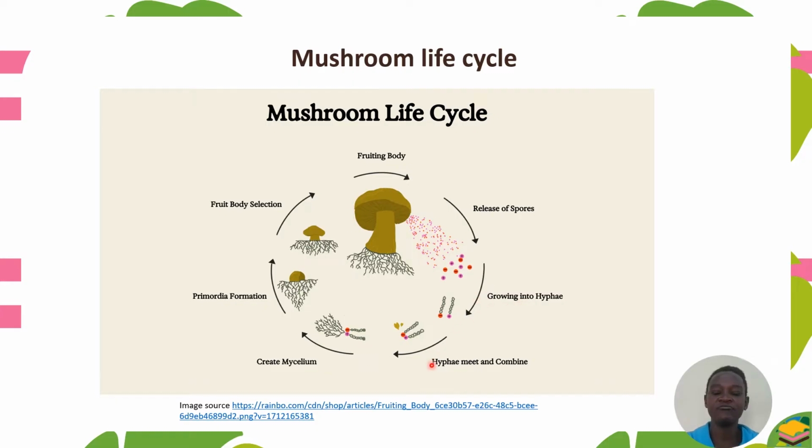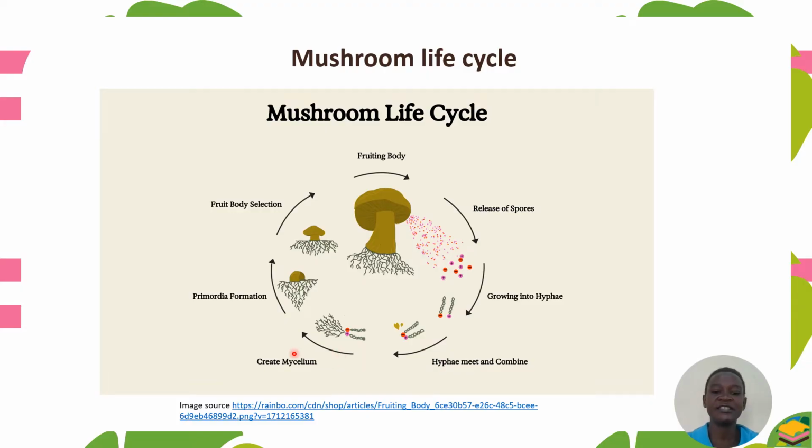Then the two hyphae will meet and combine. Once the two hyphae meet and combine, that will create mycelium. So we start with the spores which are produced by the mature mushroom. Once the spores grow into hyphae, the two hyphae combine, creating mycelium.